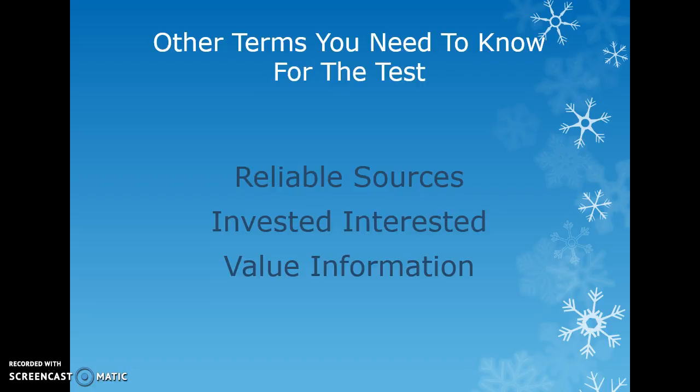The news, it's a reliable source. However, the media is very good at only giving the facts that they want you to see. So remember, sources can be reliable, but they may not give you all the details, all of the facts. So you might have to look elsewhere. So keep that in mind.